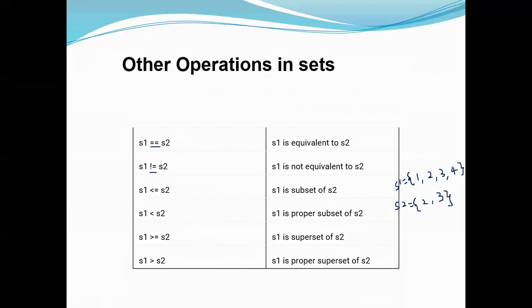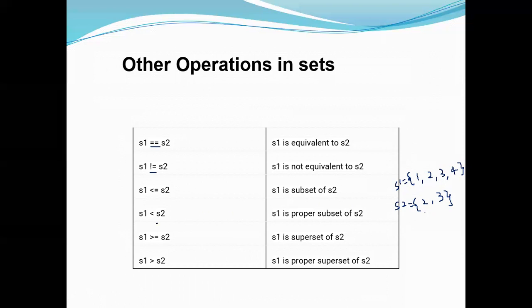Now you will say S2 is less than or equal to S1. Why? Because it is a subset of S1. The items of S2 are contained in S1. For example, 1 is in S1, 2 is in S1, 3, 4, everything. So this 2, 3 is also a subset of S1, right?